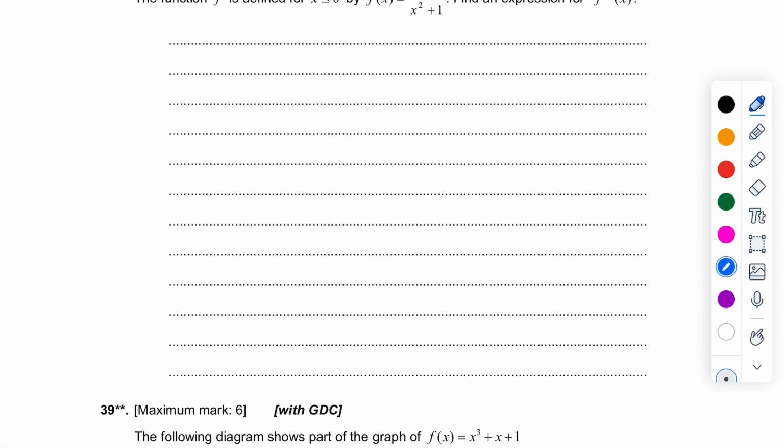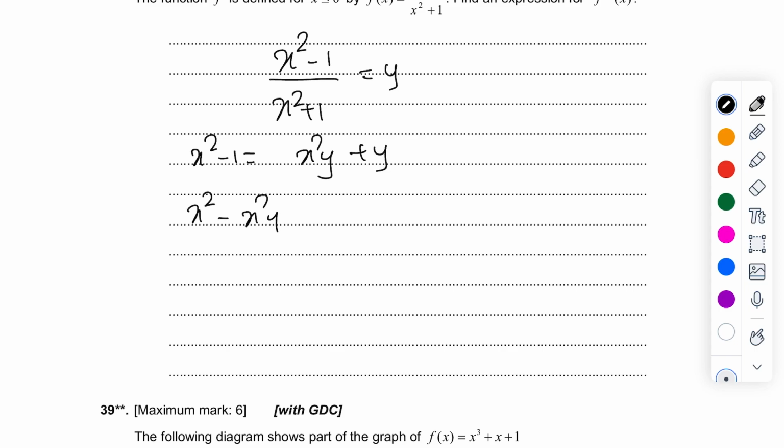Question number 38. Find f inverse of x. x square minus 1 upon x square plus 1 equals y. x square minus 1 equals x square y plus y. So x square minus x square y equals 1 plus y. x square common, 1 minus y equals 1 plus y.